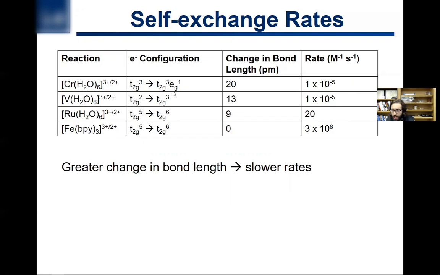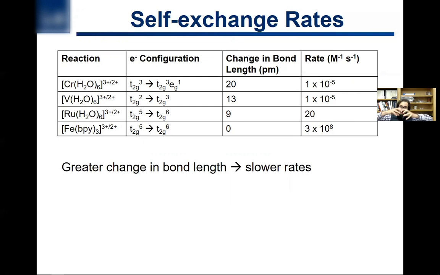So that's really going to change your bonding. It's really going to change your bond lengths. You're going to go from pretty strong bonds in chromium 3+ to a lot weaker bonds in chromium 2+, because you put an electron in this anti-bonding orbital. So you have a metal-ligand bond length change of 20 picometers, which is relatively large between these two states.